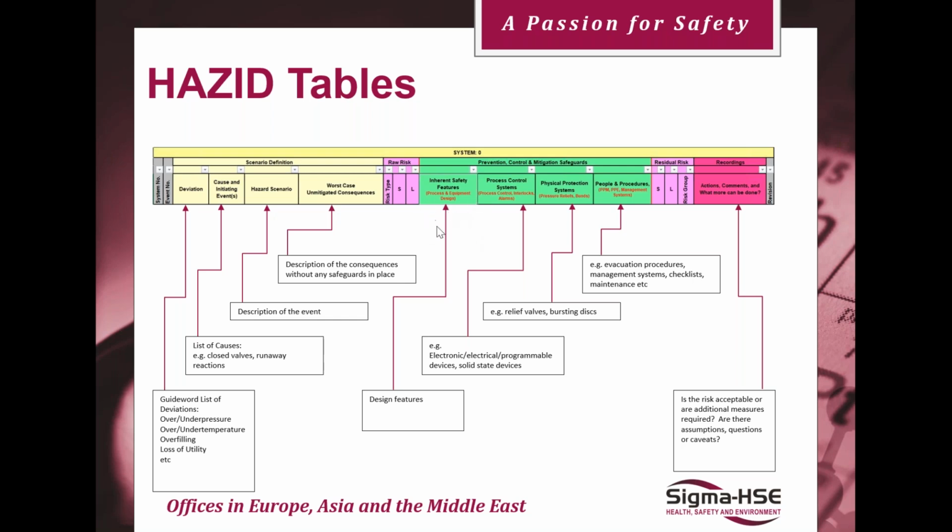And of course, now that it's in that box, it means that you have to make sure that it remains capable of preventing anything going over 10 bar. And therefore, it's identified as being critical to safety in that sense. Process control systems are next, and in here we will put things like control loops, keeping the pressure down by feeding in a particular reagent at a certain rate, which means you don't get a reaction runaway.